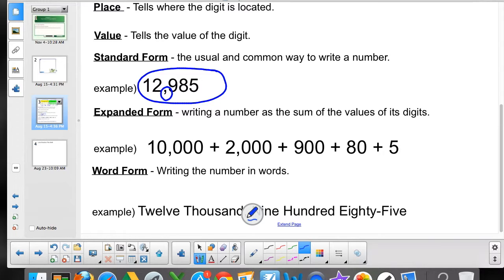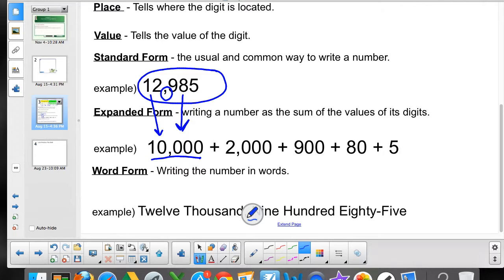When we write a number in expanded form, we're writing a number as the sum of the values of its digits. So we're taking the standard form and breaking it down into each value. The 1 comes down and shows its value of 10,000.